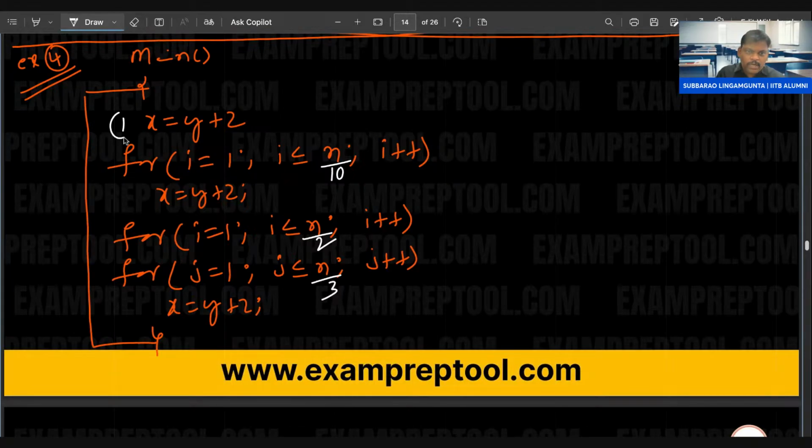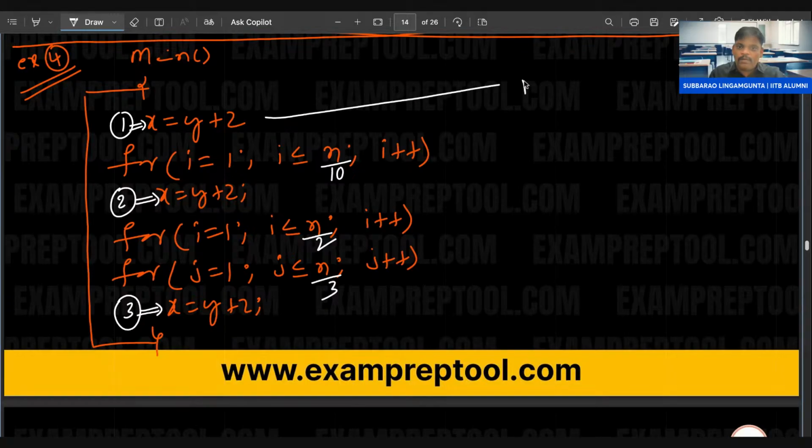First statement order of magnitude is how much? Second statement? Third statement? First statement order of magnitude is 1. Second statement order of magnitude, if you see, 1, 2, 3, and so on, n by 10.